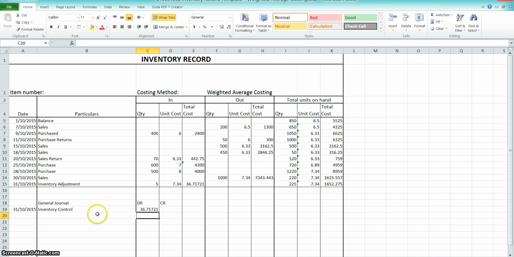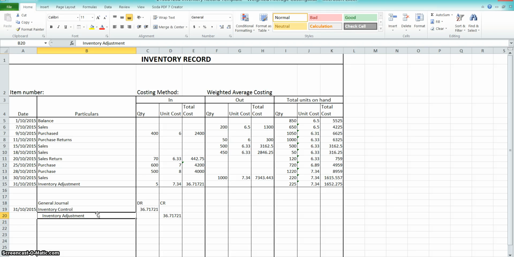Now the other side of this then is our inventory adjustment account. So we'll credit that. It's an expense account that's decreasing, which doesn't really make a lot of sense.